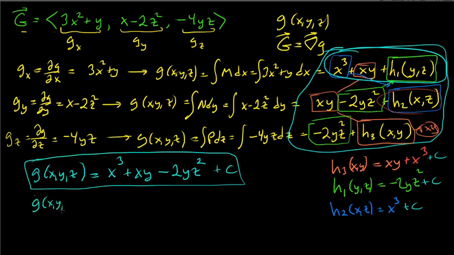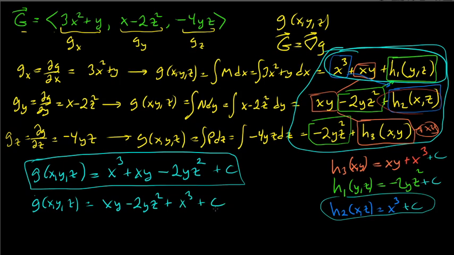If you don't believe me, just do it with the second row here, the second version. This is going to be xy minus 2yz squared plus h2. So h2 was x cubed plus c. And you get the same thing, just not in the same order, but order doesn't matter.